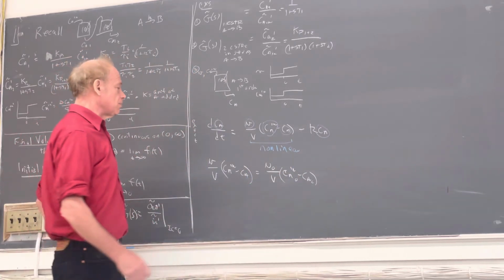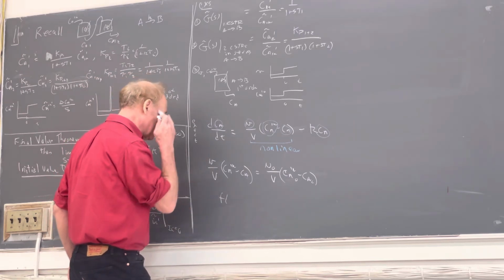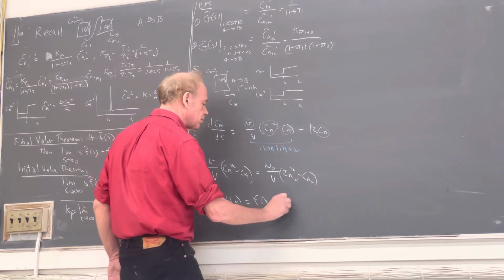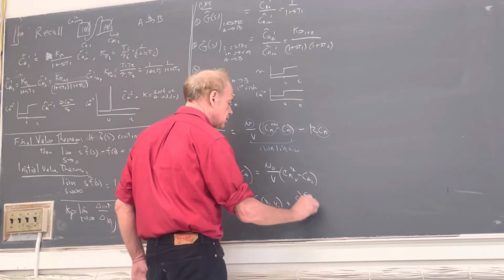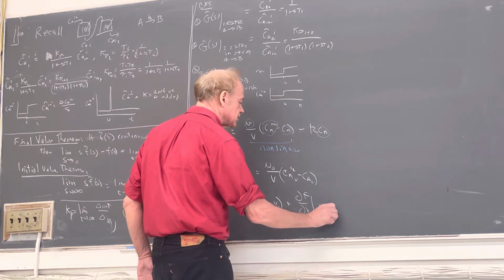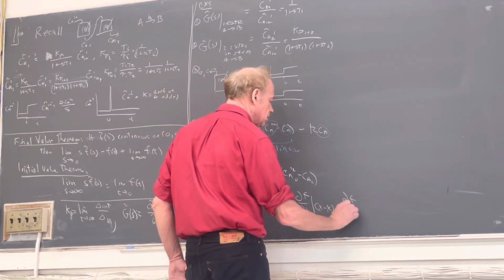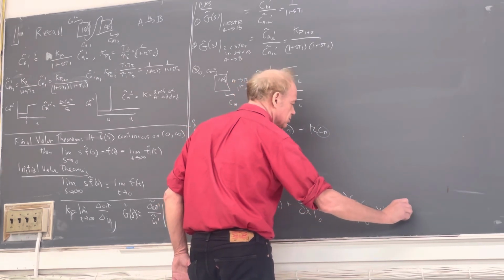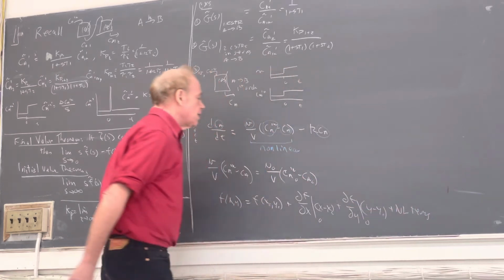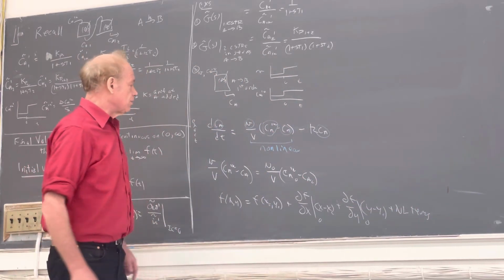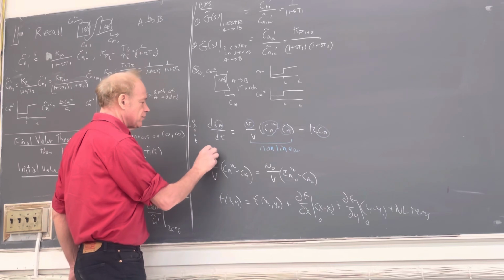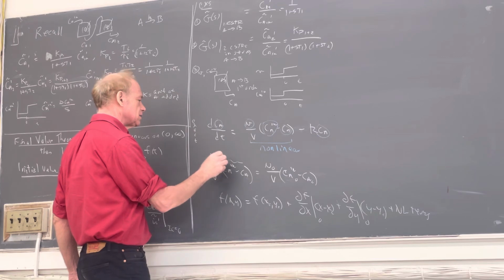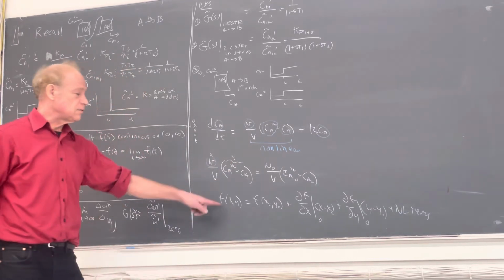Remember, I'm appealing to f of x, y is equal to f of x0, y0, plus df/dx at 0 times x minus x0, plus df/dy at 0 times y minus y0, plus nonlinear terms. So this is f of x0, y0. I'm going to let this thing be f, and this thing be x, and this thing be y.